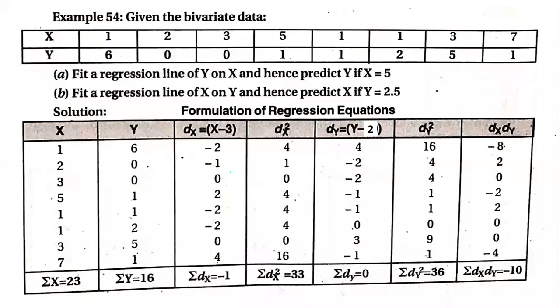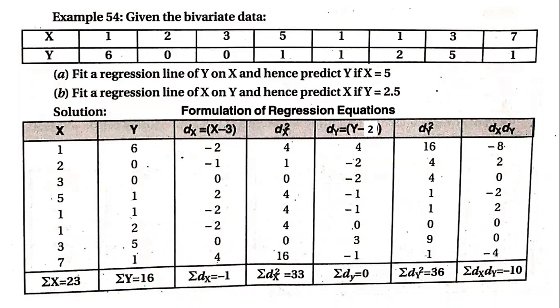Now let us solve this question in the same manner how we did the previous one. Okay, so here write down X, Y. We found the total of X and Y. We also got X bar and Y bar. Next, find the deviations. For this, you have to assume a mean. I told you can take any number. If you see here, some numbers are repeated.